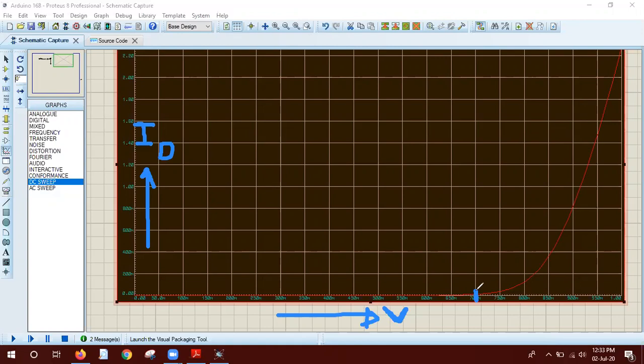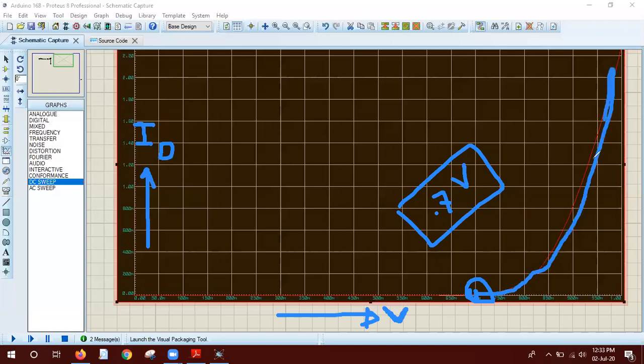So you see that exact this 700 milli. 700 millivolt means what does it mean? That is 0.7 volt. And we all know that what is the barrier potential of silicon? It is 0.7 volt. So we can see that when it crosses 0.7 volt, the current starts to rise.